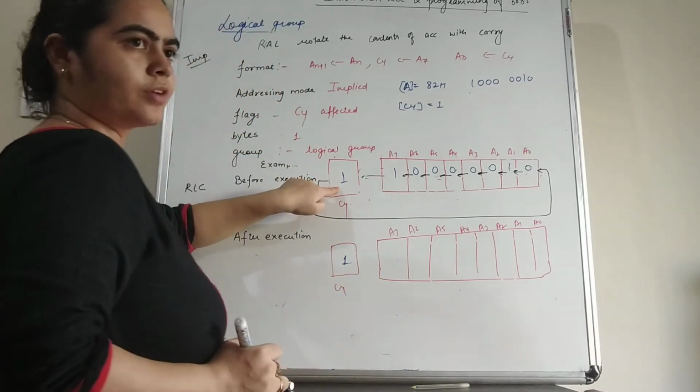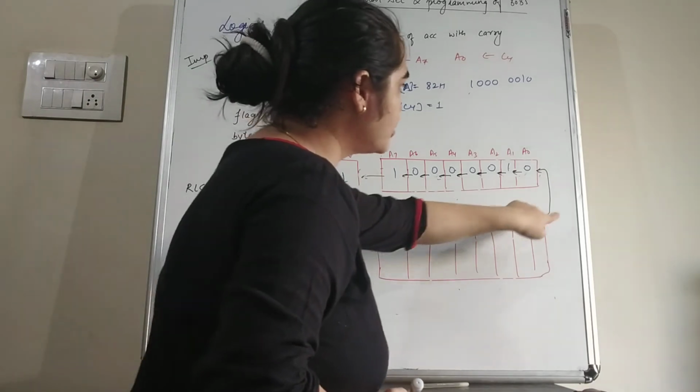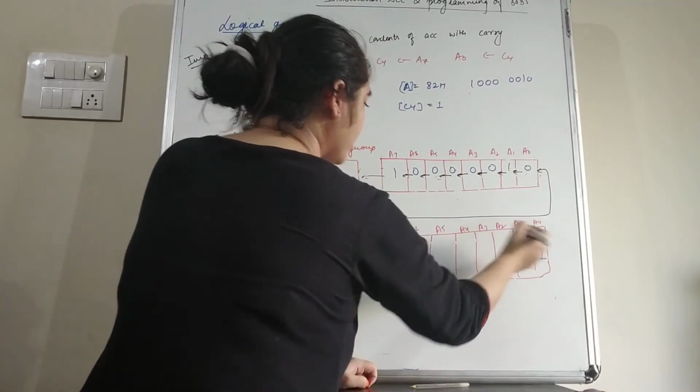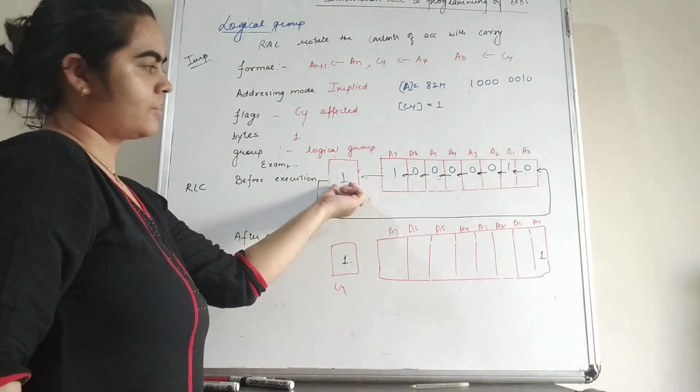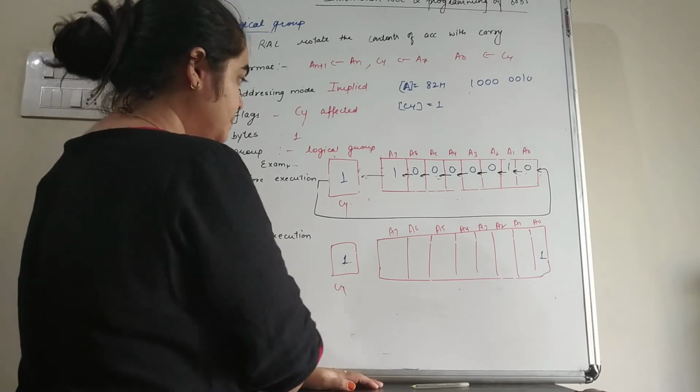So now the value of carry flag is 1, and the value of carry flag will be shifted into A0. So now the value of A0 is 1, because previously in carry flag we have 1, and all the other values we can shift here.